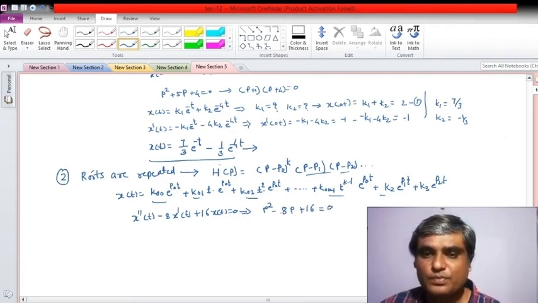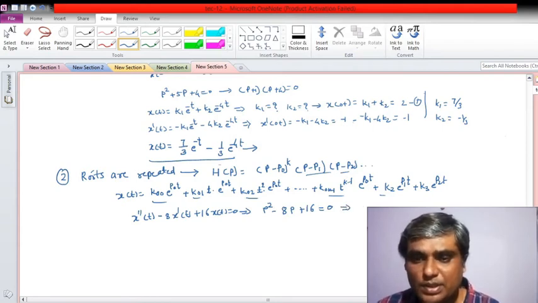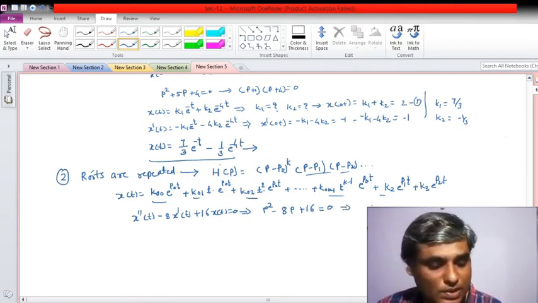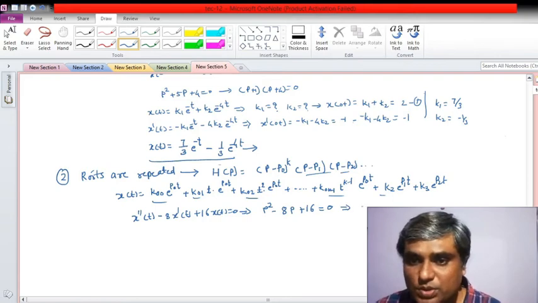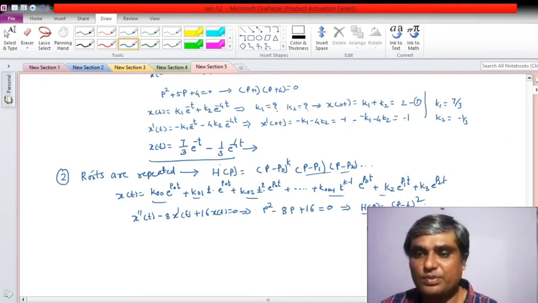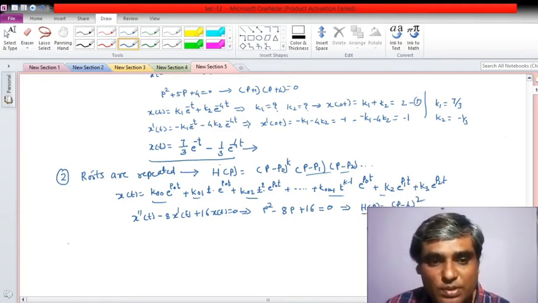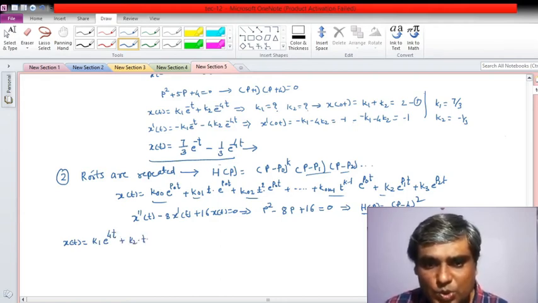The roots will be given by (p minus 4) square. Now observe that the multiplicity of the root is 2. So what will be my solution? x(t) will be k1 e raised to 4t plus k2 t e raised to 4t.